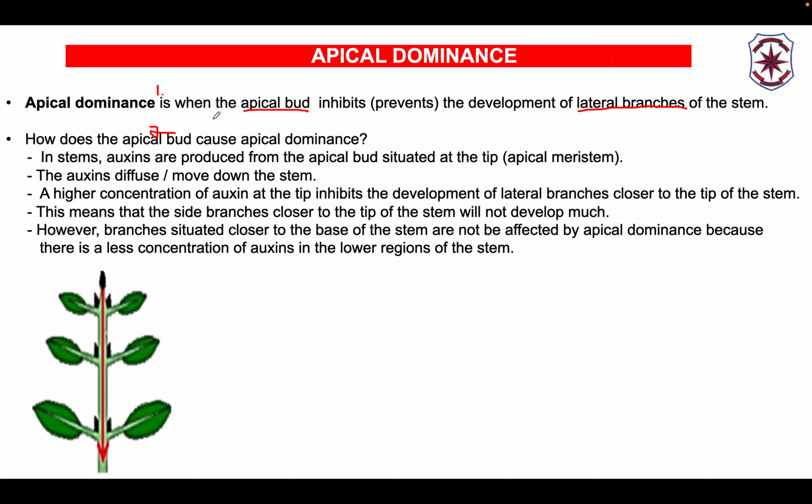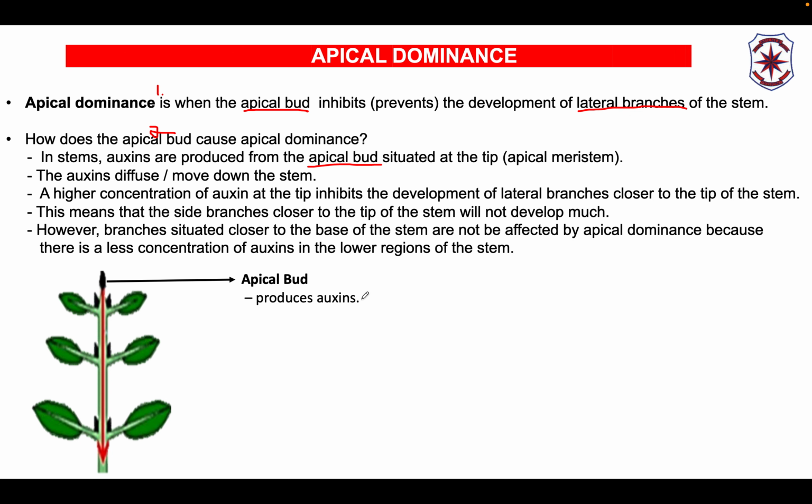Okay, so let's look at the first step, which describes the site from where auxins are produced. So auxins are produced from the apical bud. When you check the plant, there is our plant shoot, and then at the apical meristem, we call this the apical bud.